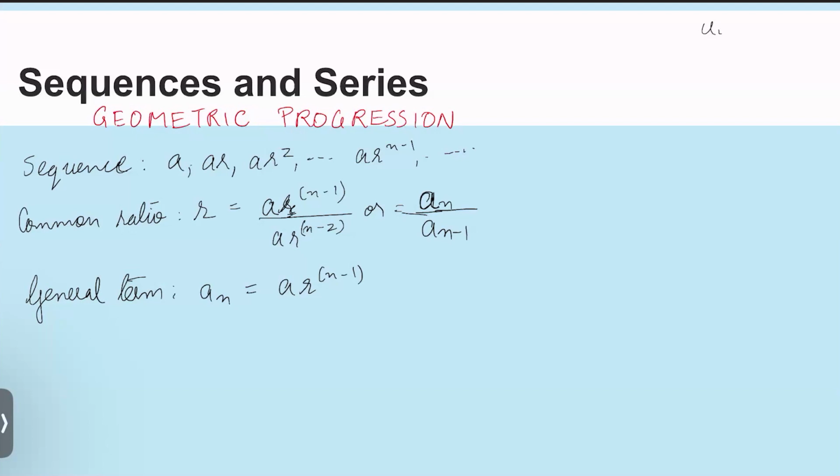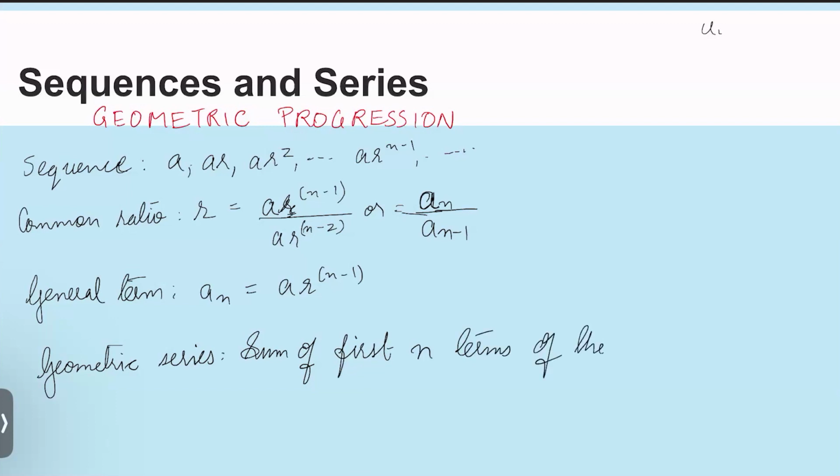Okay, so you can also have a geometric series, so that is the sum of first n terms of the GP. Okay, so we will go into the series later on. We will see all the different kinds of series that are there.